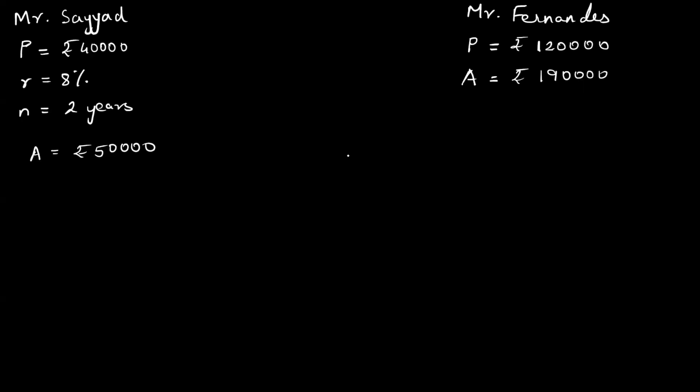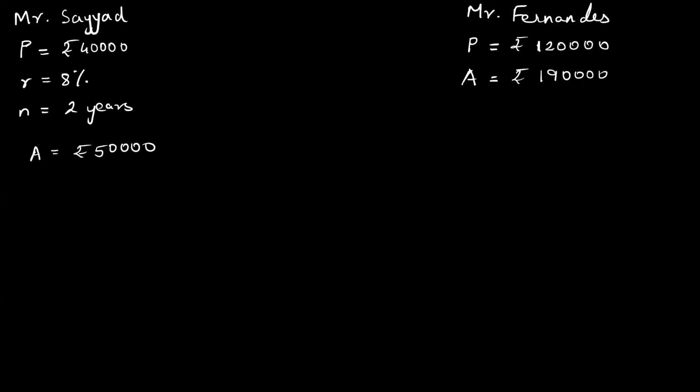So what we will do is think of it this way. We'll calculate the percentage of profit they get. How much percentage profit is Mr. Sayed getting? How much percentage profit is Mr. Fernandez getting? Percentage will tell us if Mr. Sayed had put 100 rupees here, how much he would have gotten.